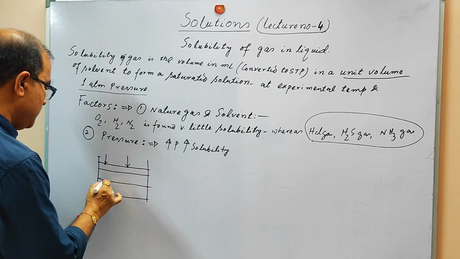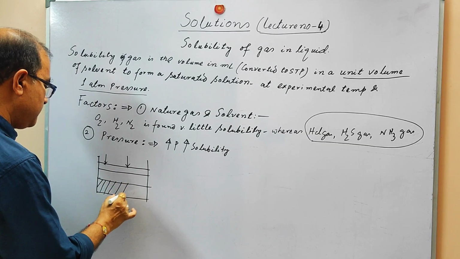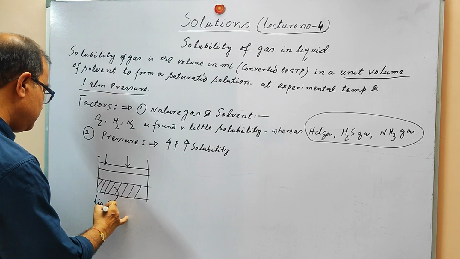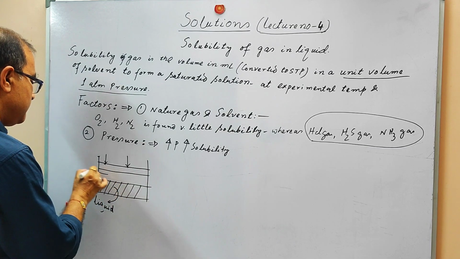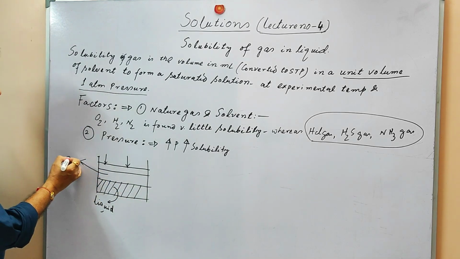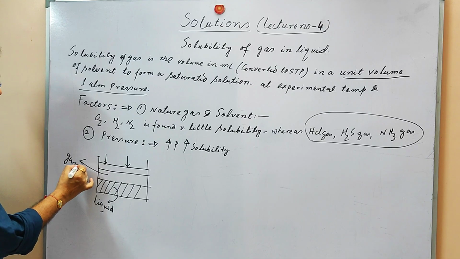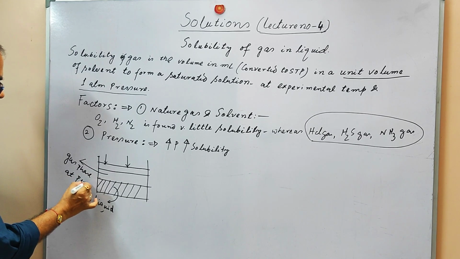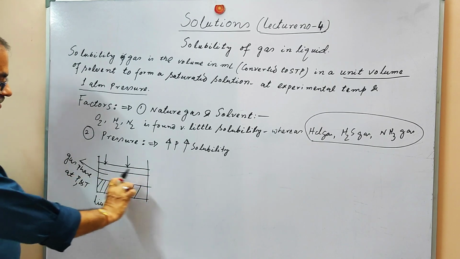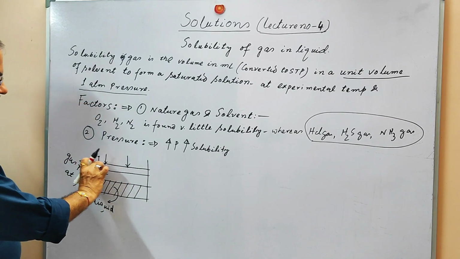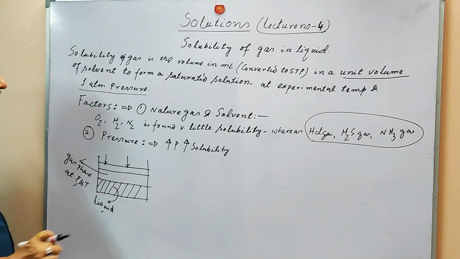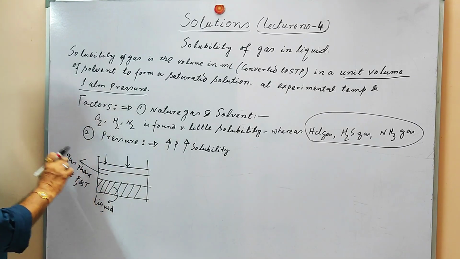In the bottom of this container you will find a liquid, and in the upper part is the gas phase, at pressure P and temperature T. This is the gas phase and this is the liquid, and the gas has pressure P and temperature T. There is a dynamic equilibrium between the liquid phase and the gas phase.